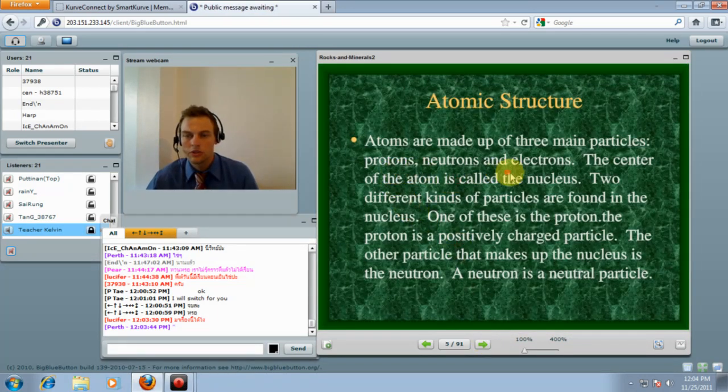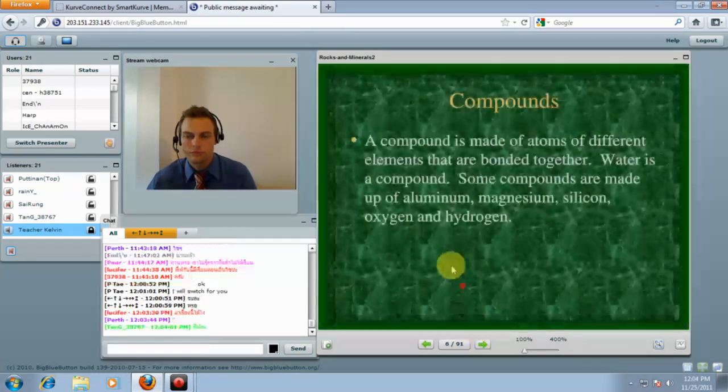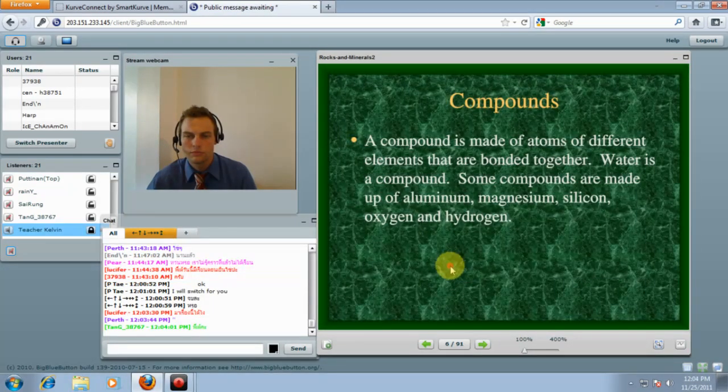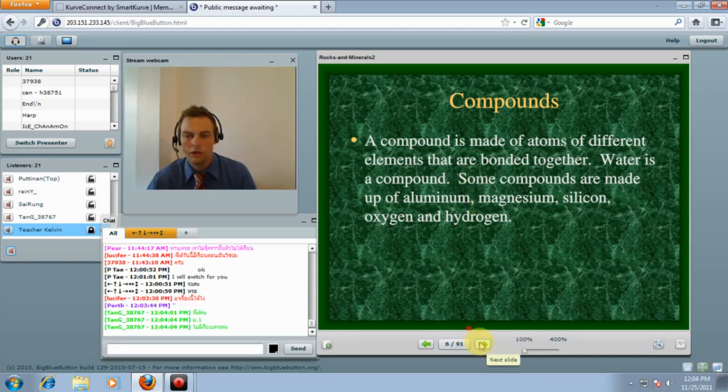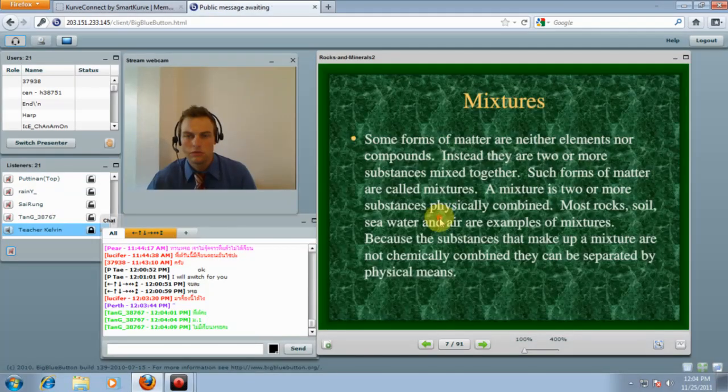Yeah, we went over this: protons, neutrons, and electrons. Yep, water is a compound, H2O. Mixture, we went over that. If you have a bottle full of hydrogen gas and helium gas, those are two elements. They're not bonded, but they're in a bottle, so that's considered a mixture.